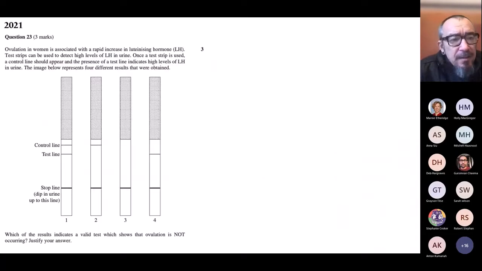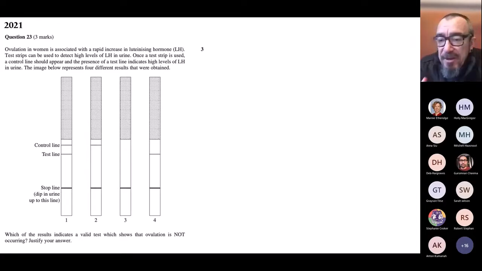Okay. This particular question comes from last year's paper. It's actually not in the booklet, so it was a late call up just because I quite like the question. And it is just trying to make it larger for myself. So this is, again, a skills-based question that requires you to apply the knowledge that you've learnt in class. So note here, they give you all the information required, and it's referring to luteinizing hormone, okay?